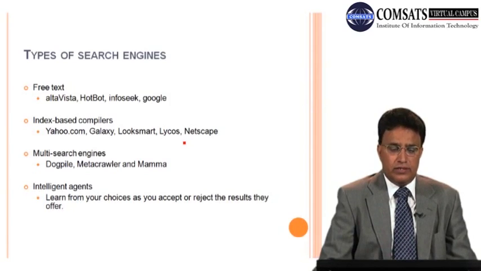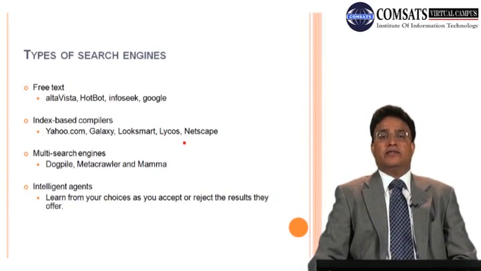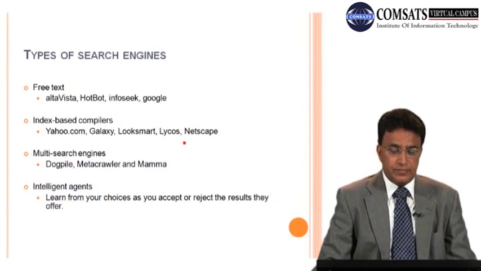And the third type of search engine is multi-search engines, and some of them are Dogpile, number 1, Metacrawler, number 2, and Mamma, number 3. So you can use these multi-search engines. As the name indicates, the information is collected from different sources and made available to you on one page.